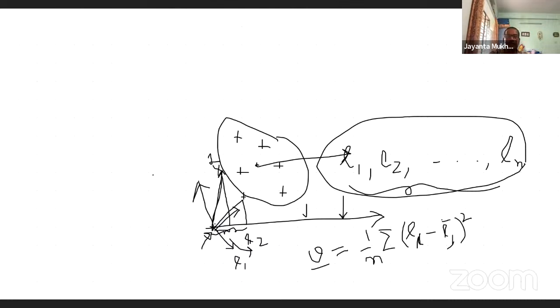So the covariance matrix is defined as, you consider, say this is the mean of the data, and each data is represented as an n-dimensional vector, say x, and let me express it as a column vector, x1 to xn.